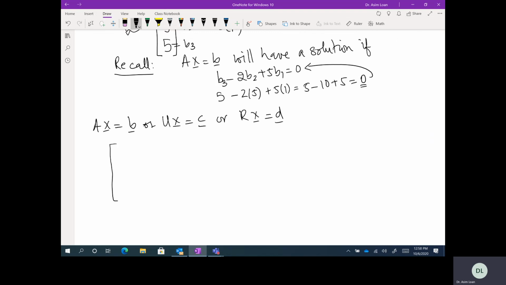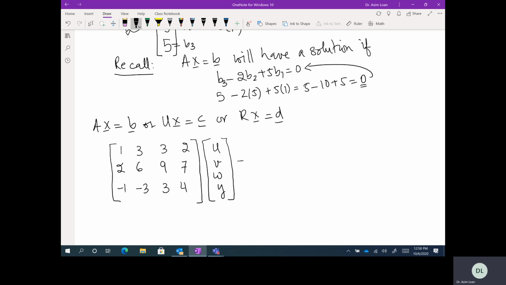Ax = b means the matrix with rows (1, 3, 3, 2), (2, 6, 9, 7), (-1, -3, 3, 4), times (u, v, w, y), equals (1, 5, 5). So this is b, this is x, this is A.